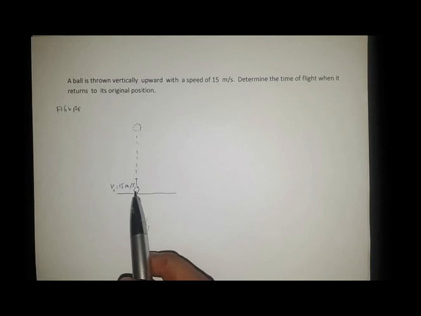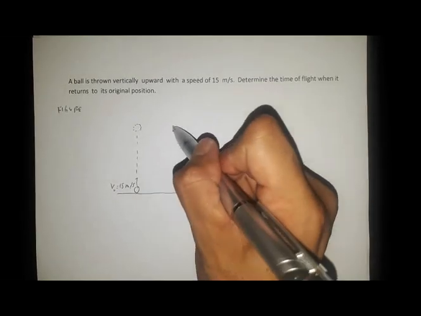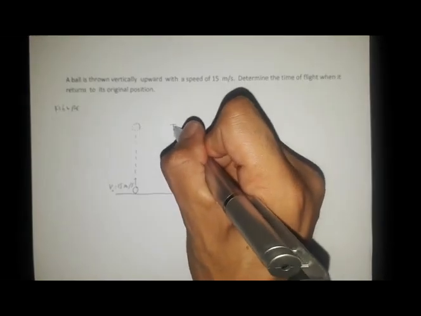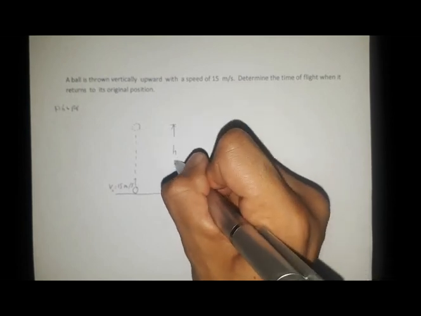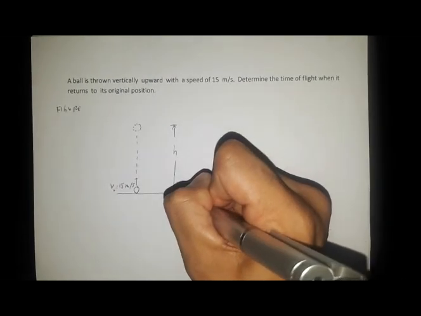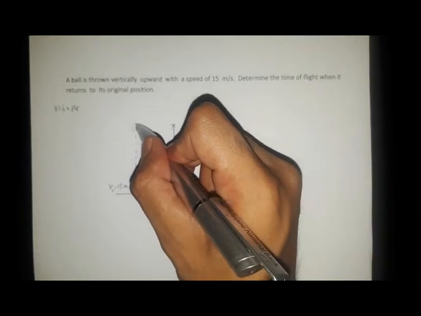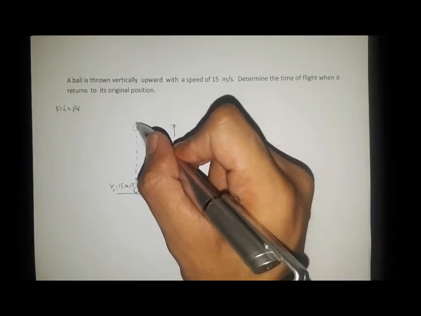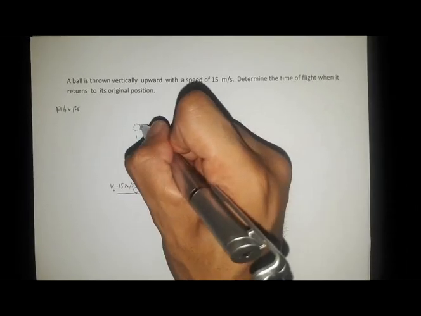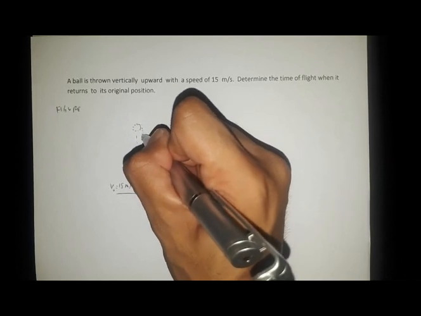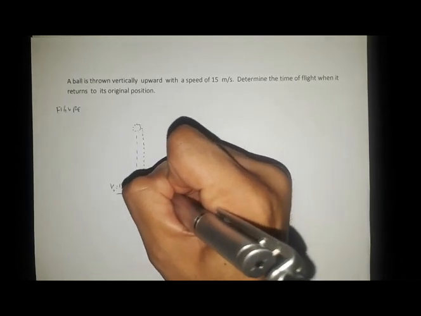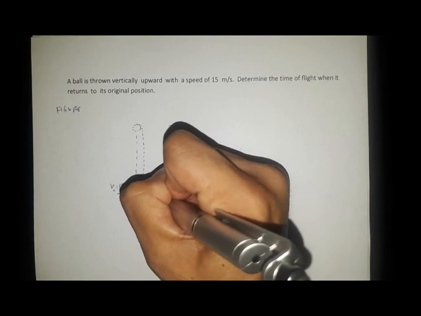When the ball is thrown upward, it will reach a certain height h, and then after reaching the height h, the ball will go down and be back to the ground.